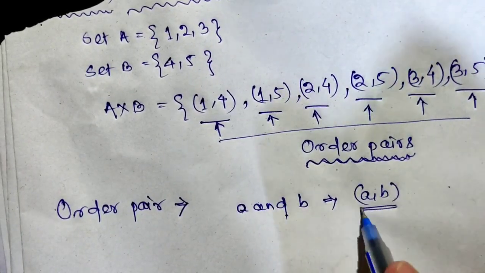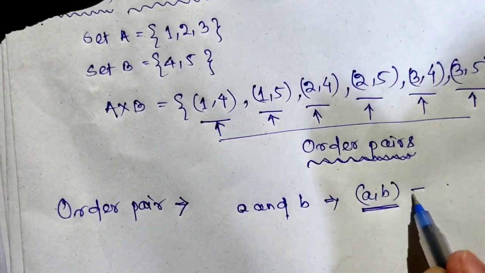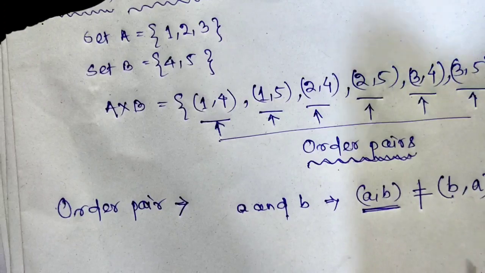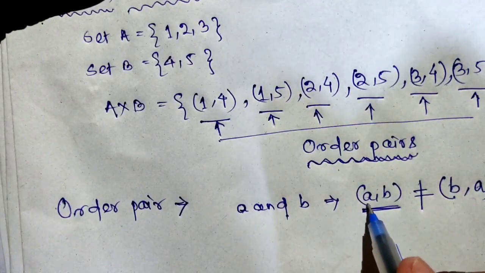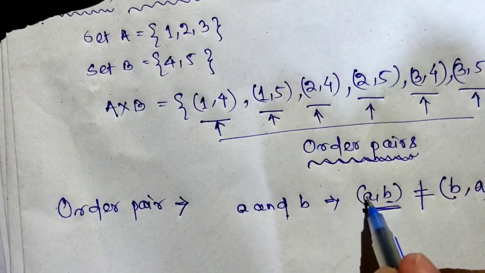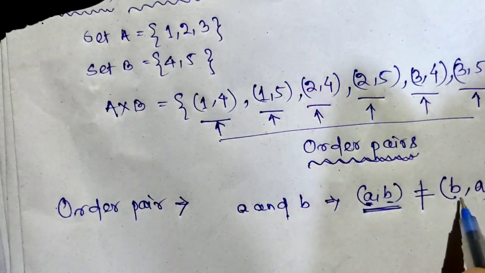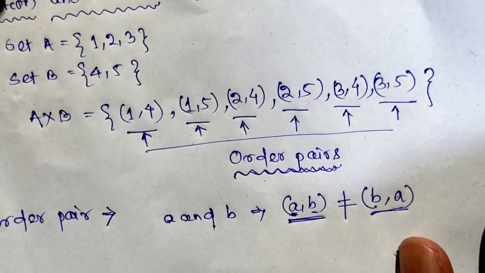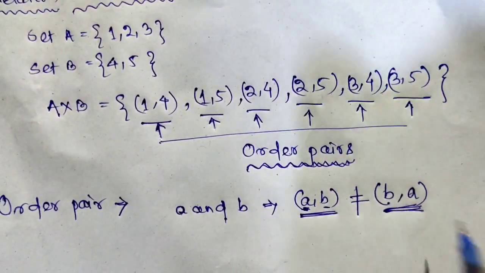It is a specific ordered pair which is not equal to the ordered pair (b, a). Means their positions are fixed. If we alter the positions, they form a different ordered pair.